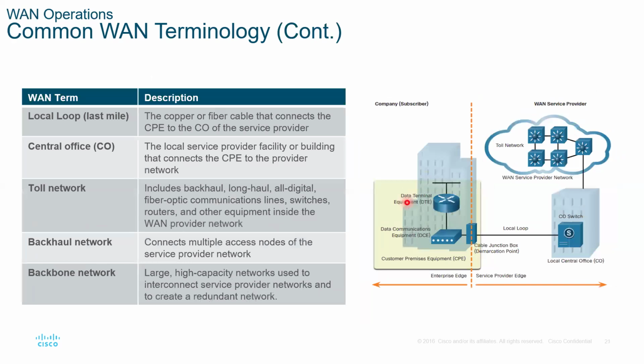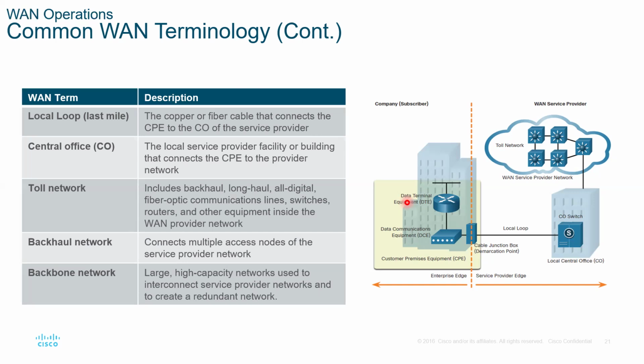Then on the other side, the service provider, we start with the last mile, the local loop. This is the copper or fiber cable that connects to the CO. The local loop is the connection between your CPE, your customer premises equipment, and the local central office.